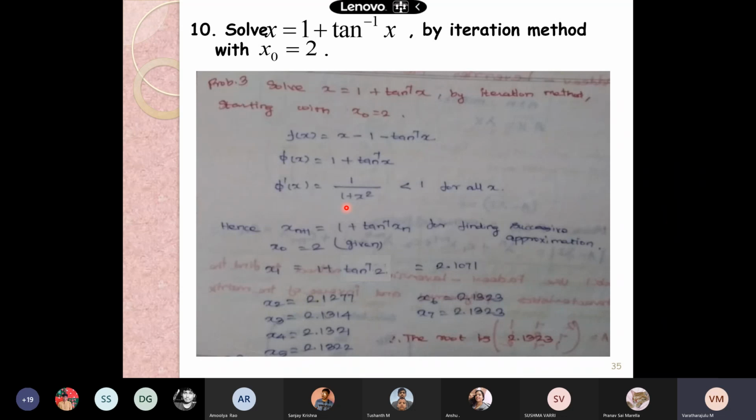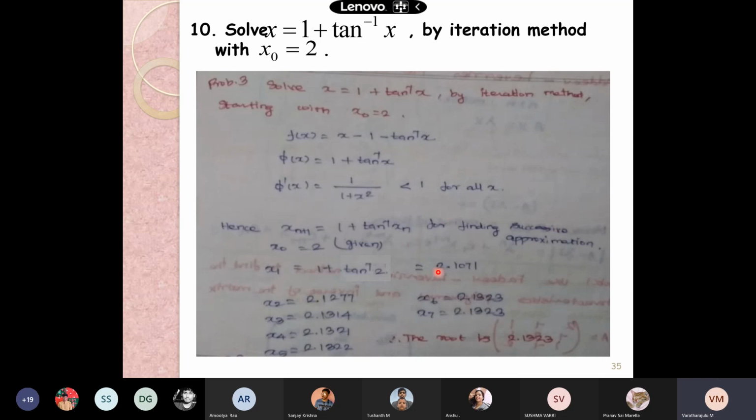Still we are checking whether this rearrangement is okay, or whether any other modifications are essential. Here this rearrangement will return a value lesser than 1. So let it be. We can continue this iteration with xn plus 1, where phi of x is equal to 1 plus tan inverse of x.